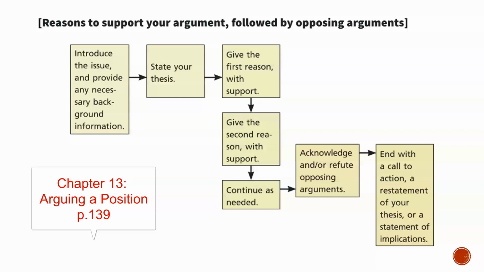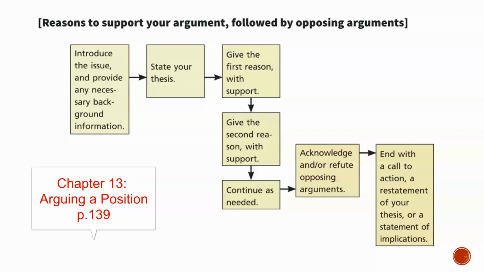Now, you can structure your argument in a different way that you think makes sense and still contains good evidence, but I think that this pattern here is probably a pretty good one to follow for most people, so I would recommend following this path through your argument paper.